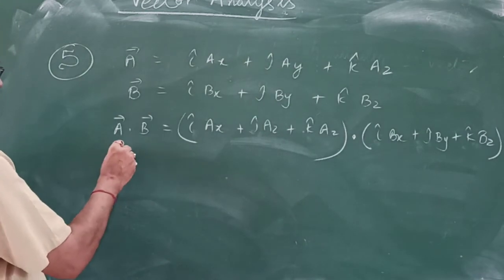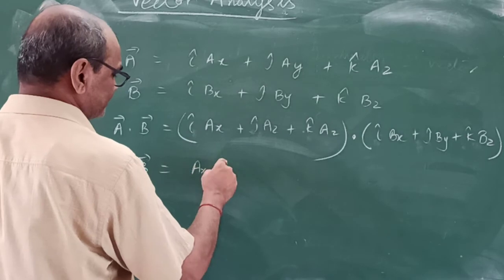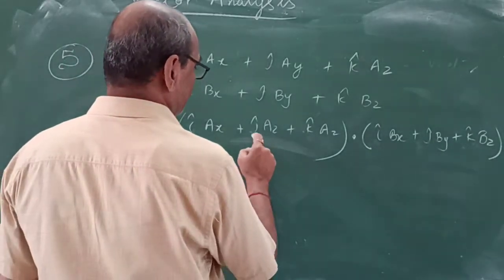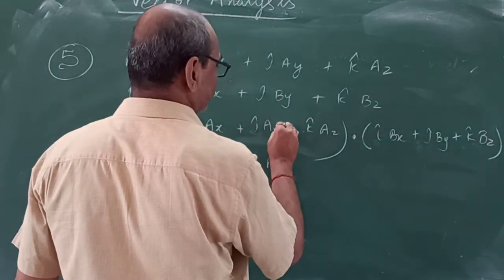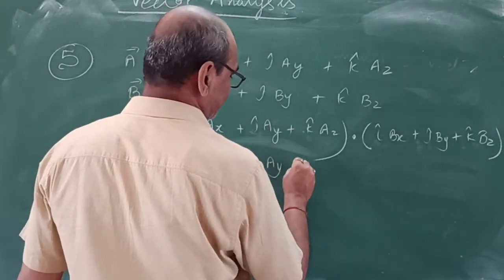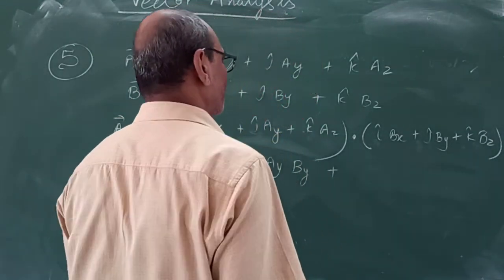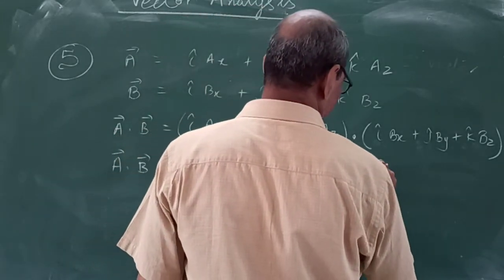Therefore, A dot B is equal to Ax Bx, plus Ay By, plus Az Bz.